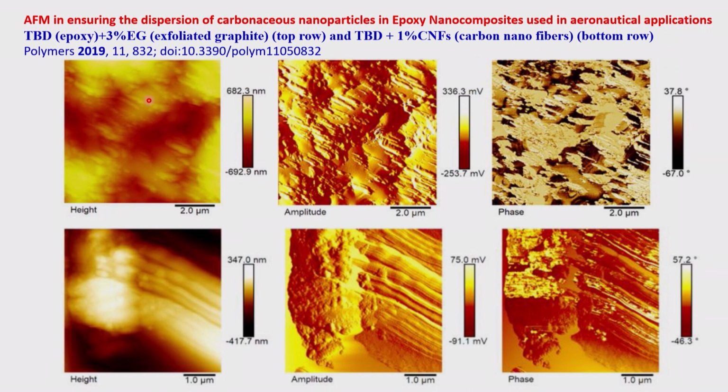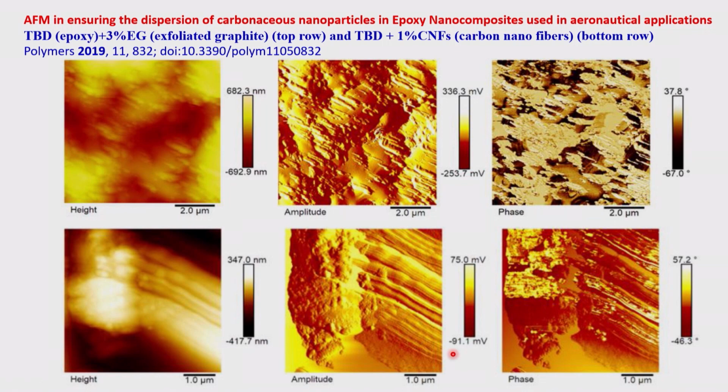So the top one is for the exfoliated graphite, and this bottom one is for the carbon nanofibers, and the depth is shown by the color levels. As you can see, the nanofibrils and the exfoliated graphite distributions are shown from the height, from the amplitude, and from the phase.